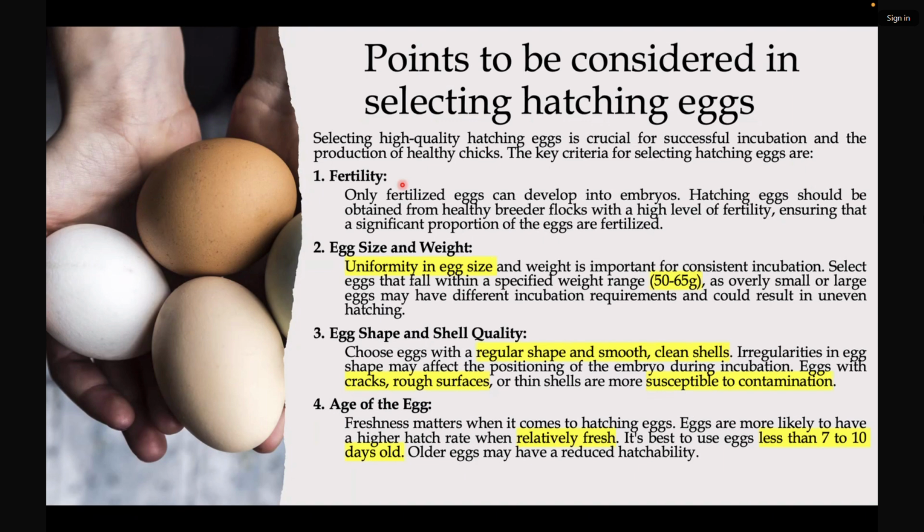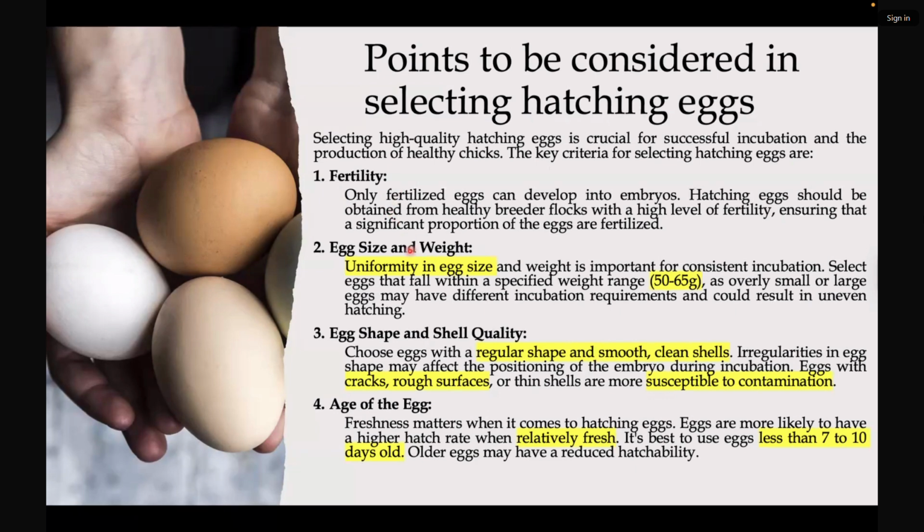So once we have all this information and knowledge, then the probability of having non-fertile eggs would be lesser. Now, these points are actually being mentioned in the fertility point.